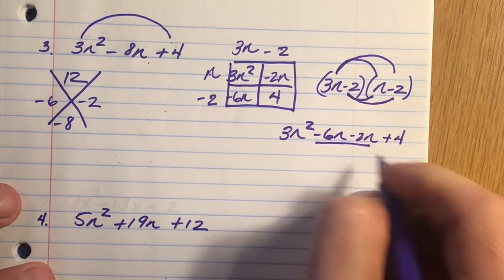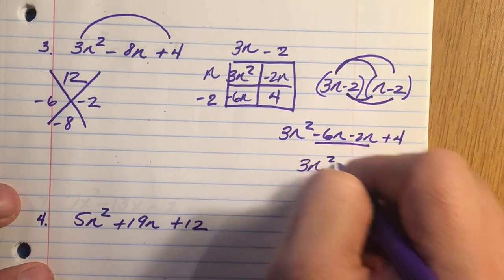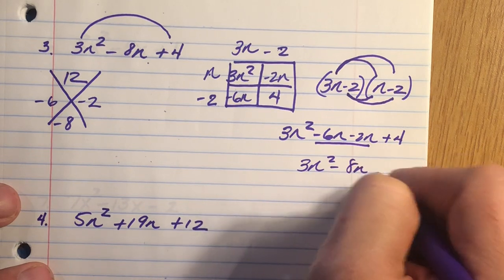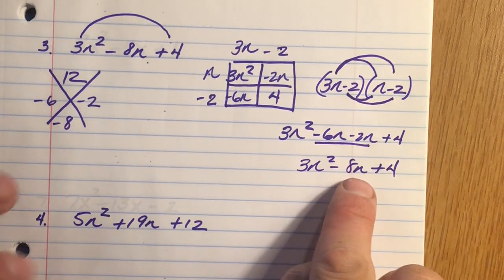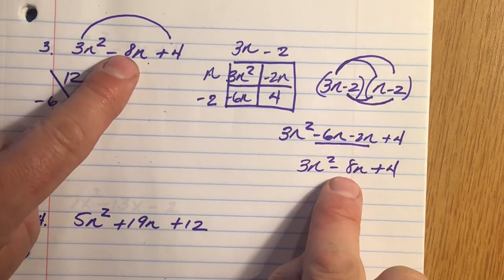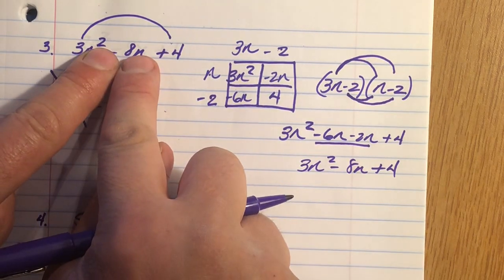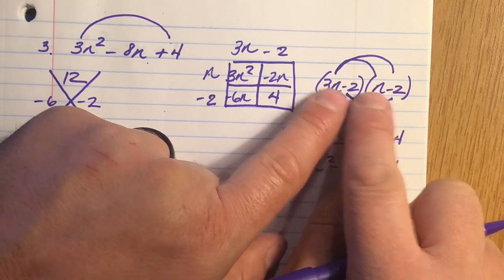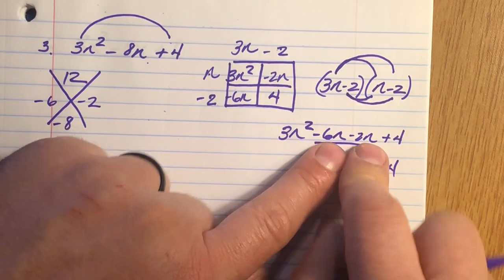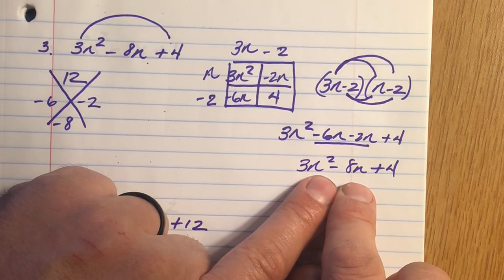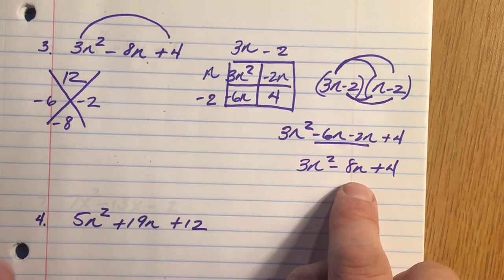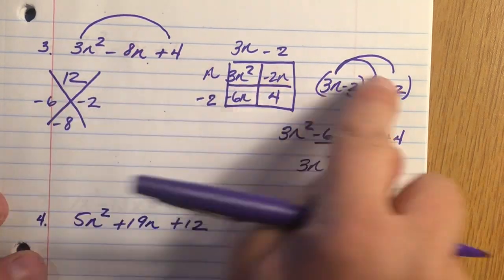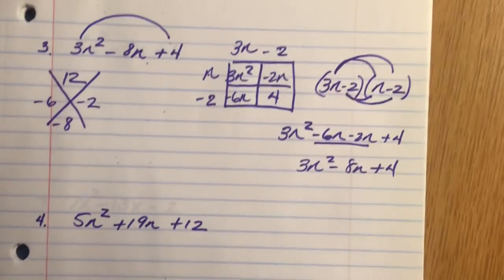These two are like terms: 3n squared minus 8n plus 4. Look at you guys, you got the same exact thing. So I took the trinomial, factored it into two binomials, and then multiplied the two binomials to go back and got the original trinomial. It's like tying your shoe and then untying it to get back to the same spot that you were at.